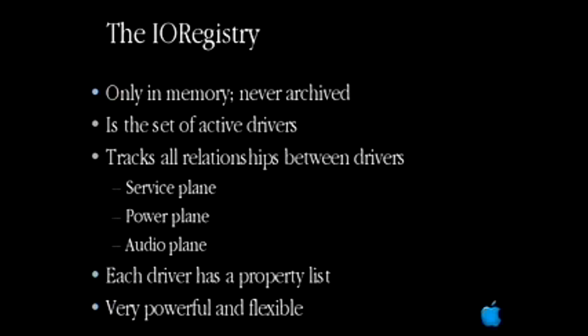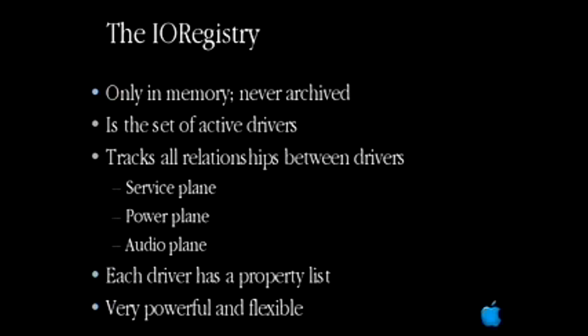By and large, you should think of it as a tree first and foremost. This is the mechanism through which initial matching and booting occurs. We create one node that is the start. We call it the platform nub, and everything then matches and grows off of that. So the platform nub will bring in the platform driver. This is the Apple driver that you can think of as the motherboard driver, system board driver.